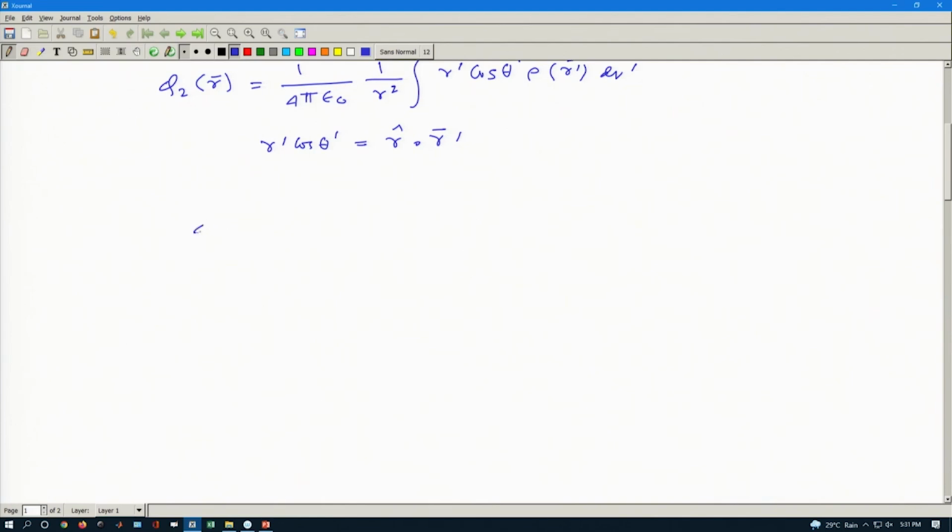That leads to phi 2 as 1 divided by 4 pi epsilon naught, and then I can write P dot r divided by r square, where P was the dipole moment defined as the integration of r prime rho r prime dV prime over this volume.